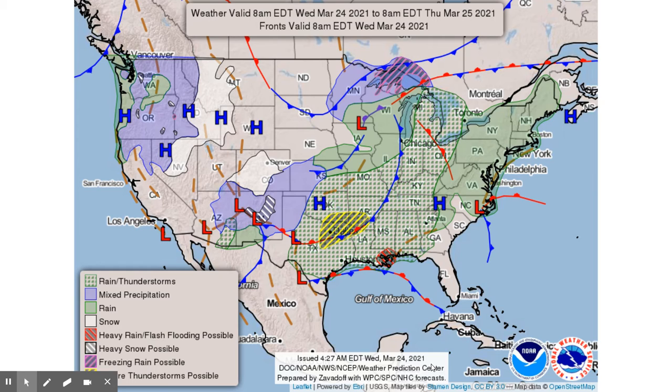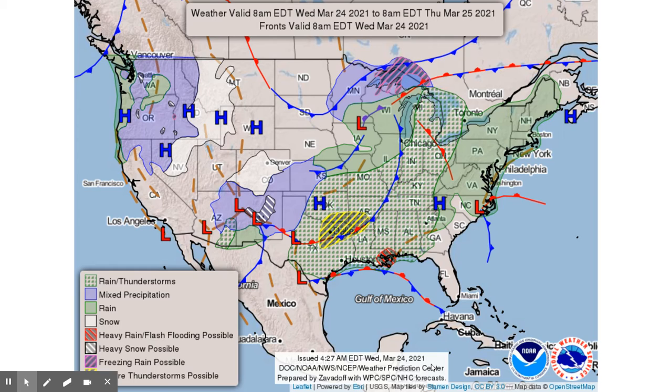So these lines represent what we call fronts. And a front in weather is the movement of one type of air into an area that has a different type of air. And so when I say type of air, I'm talking about basically the temperature.